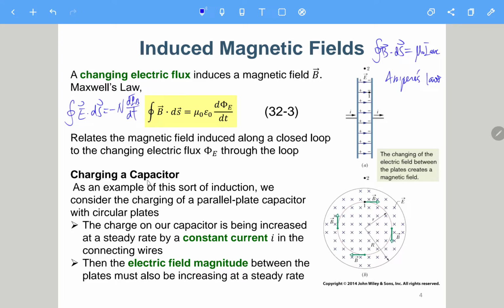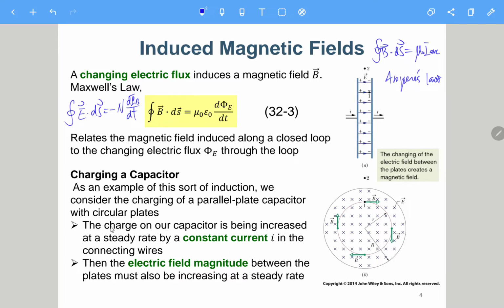Here it says charging a capacitor. As an example of this sort of induction, we consider the charging of a parallel plate capacitor with circular plates. So this is the parallel plate capacitor, and the shape of the plates is a circle.